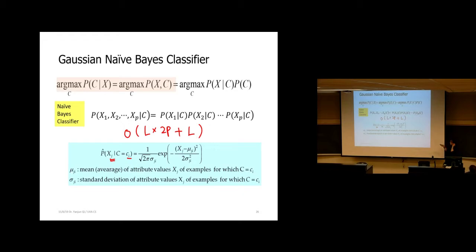And this is the number of parameters we need to estimate in the naive Gaussian case. Okay, question about this? So it's 2pL plus L. The size is linear in p, similar to our naive Bayes classifier, the number of parameters is linear in p.